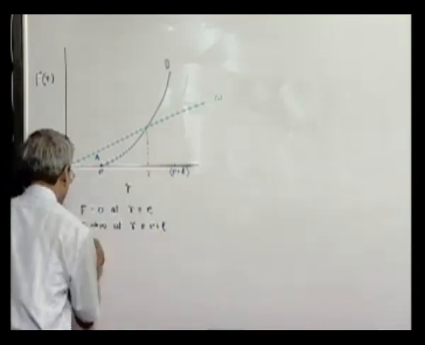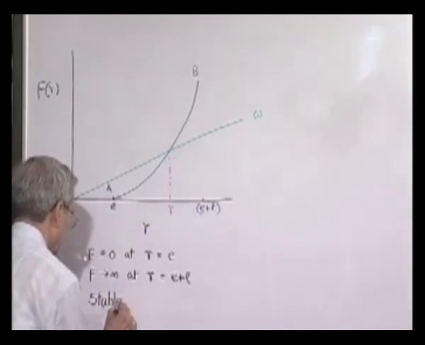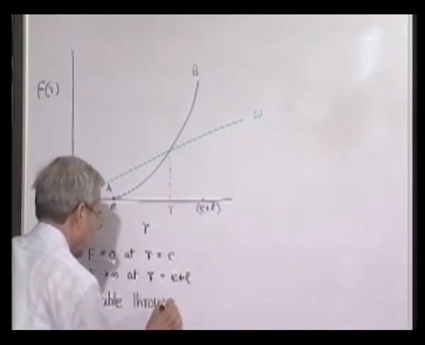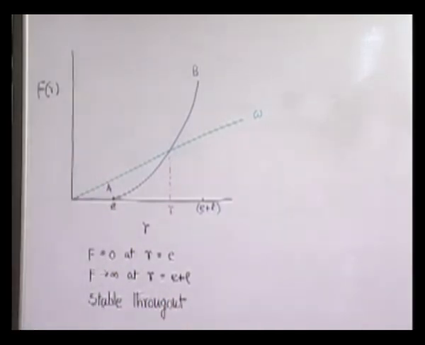So it is stable throughout its range. The governor will be stable all along, we do not have to worry.